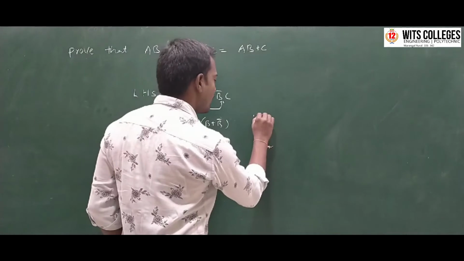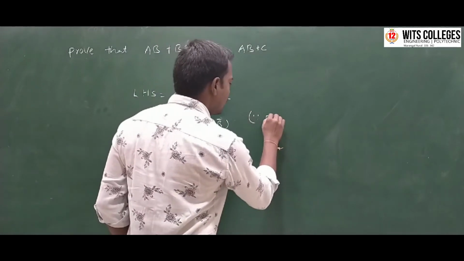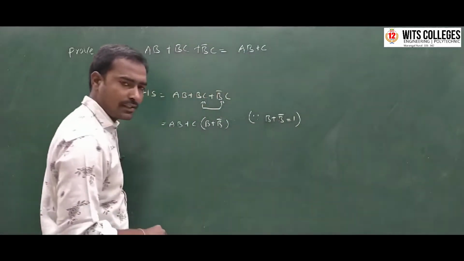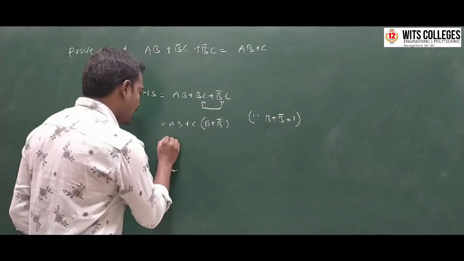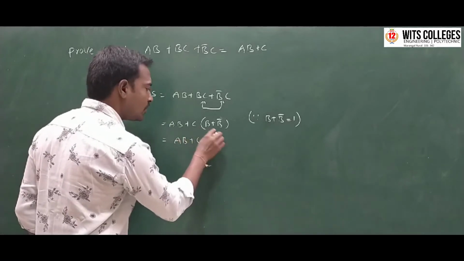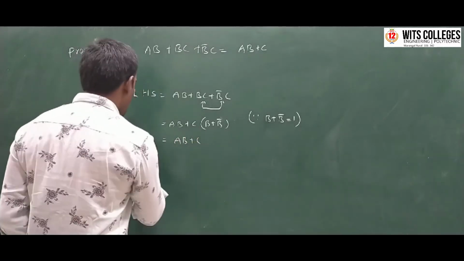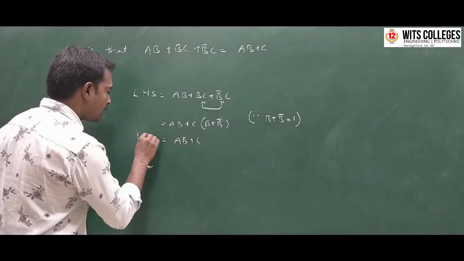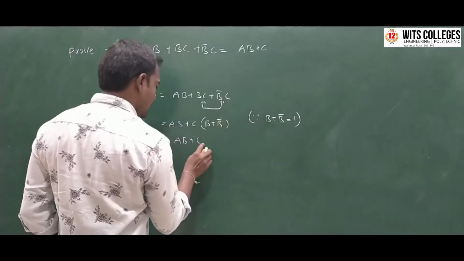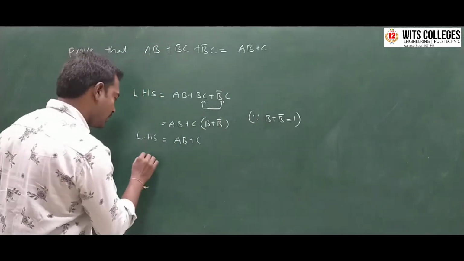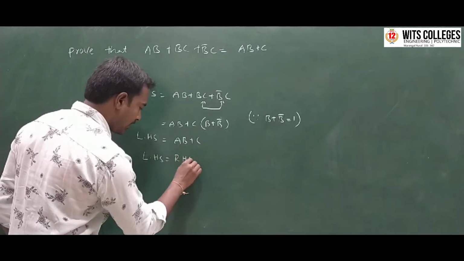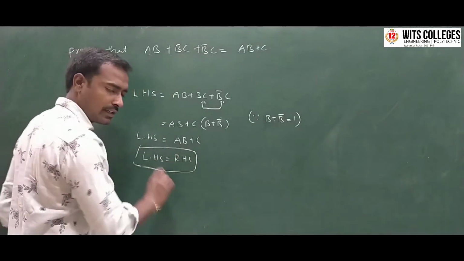We have a formula that B + B̄ is equal to 1. So finally we get the expression AB + C·1, which is equal to AB + C. So LHS is equal to RHS, and that is proven here.